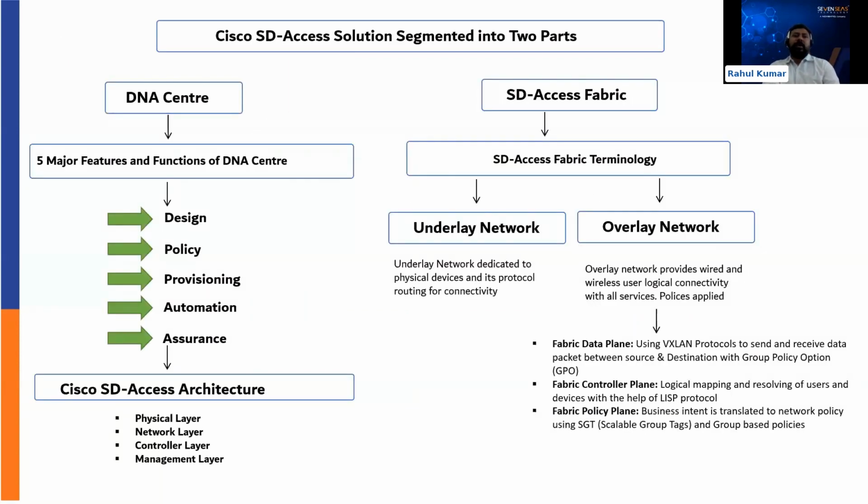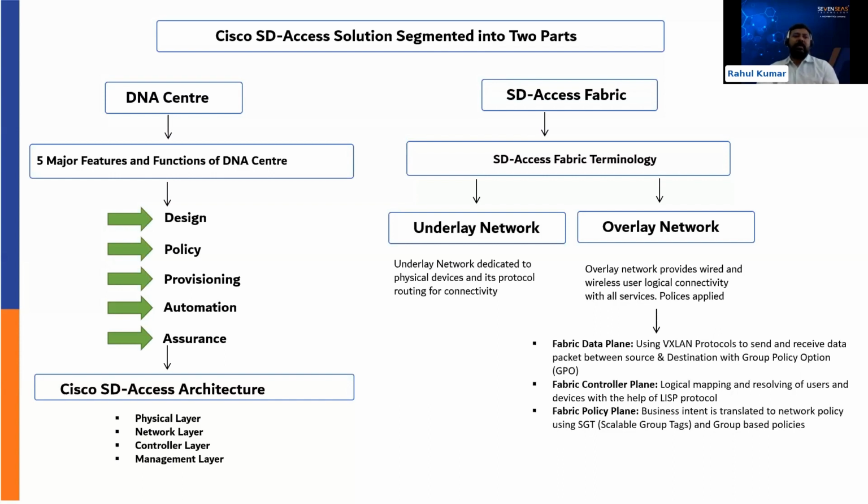So overall, Cisco DNA Center is a software-defined access solution segmented into two parts. On the left hand side, I have Cisco DNA Center, which has five major functions: design, policy, provisioning, automation, and assurance.